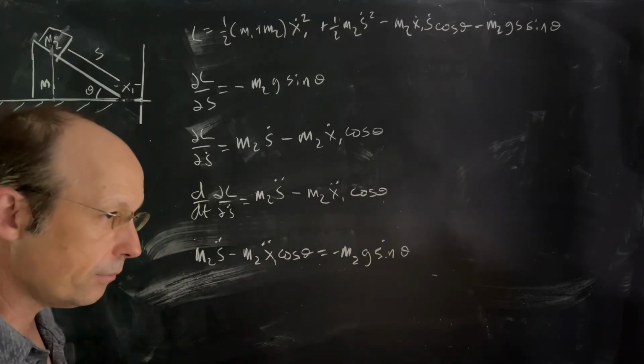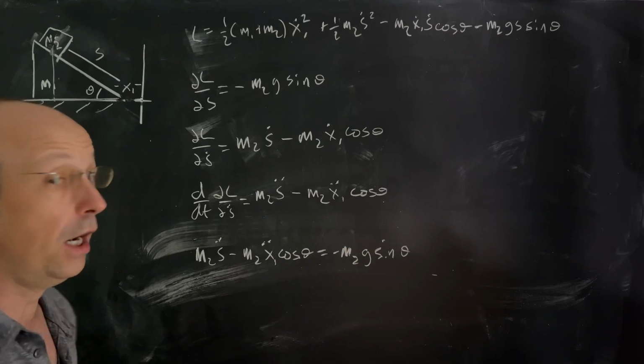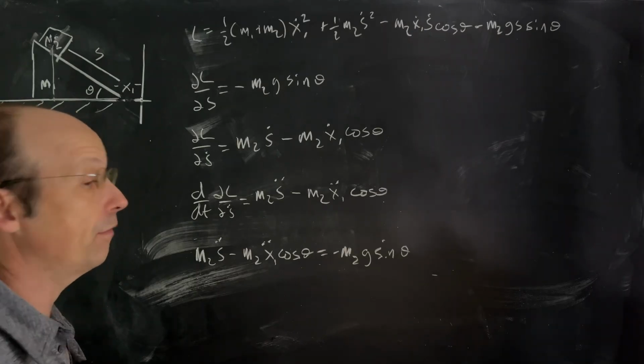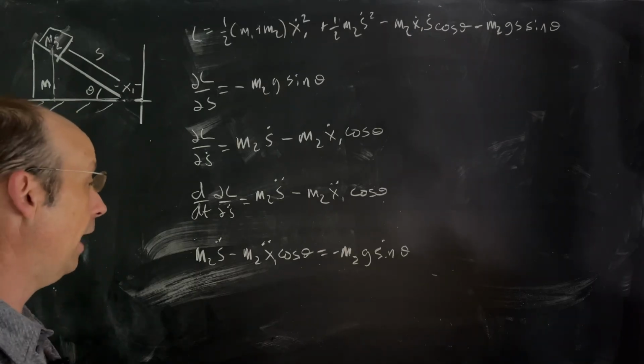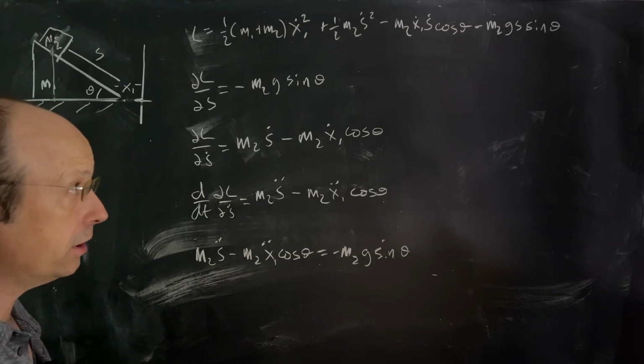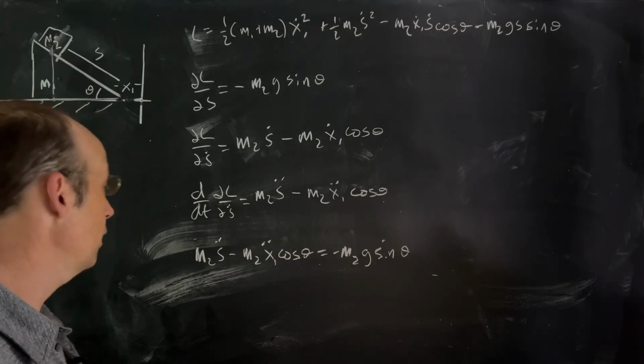Now, we're kind of at a quandary here because we have a second derivative of s and a second derivative of x. So let's table that for a second and put that off to the side.